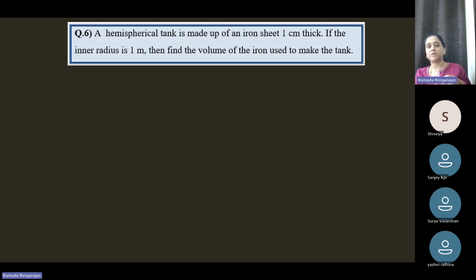Now this one is a hemispherical tank. It's made up of an iron sheet 1 centimeter thick.